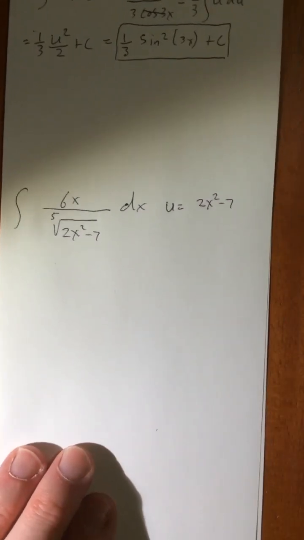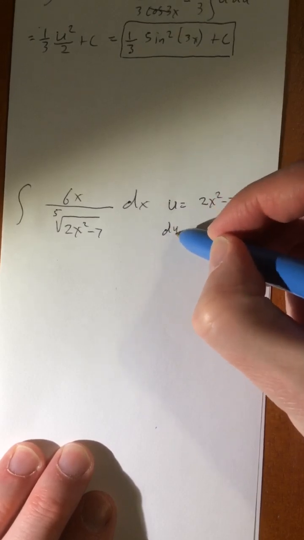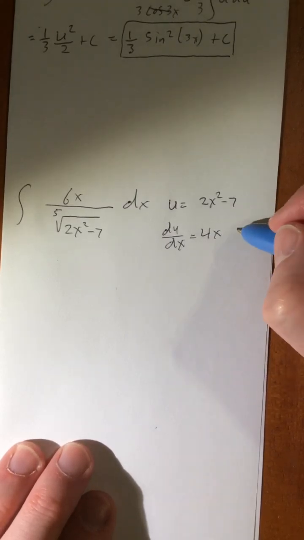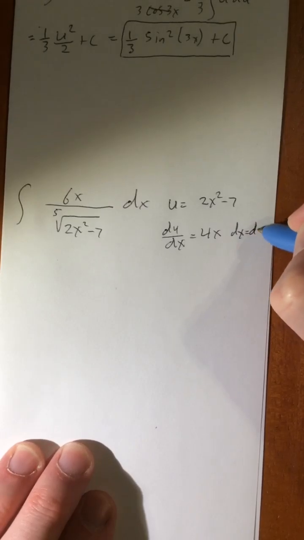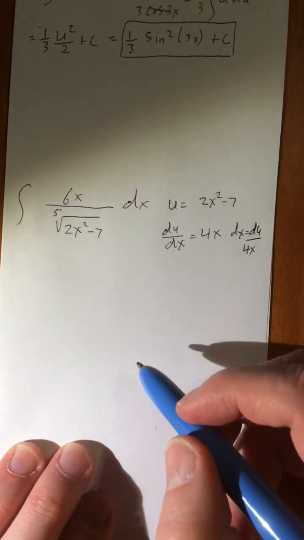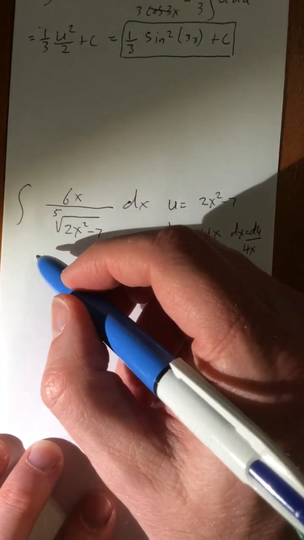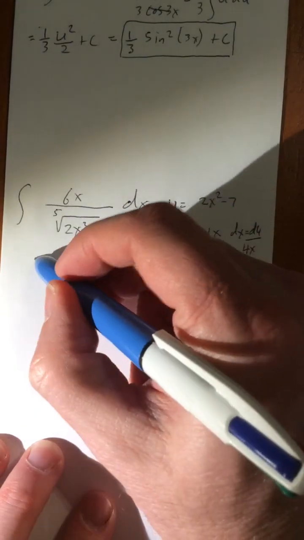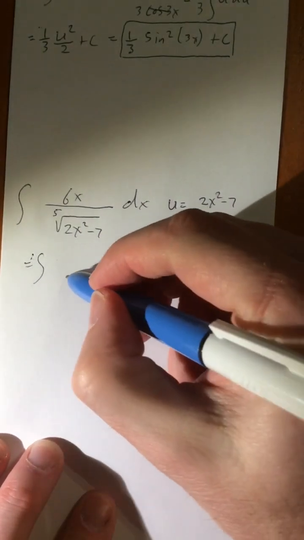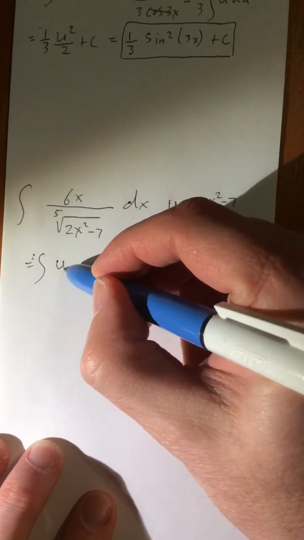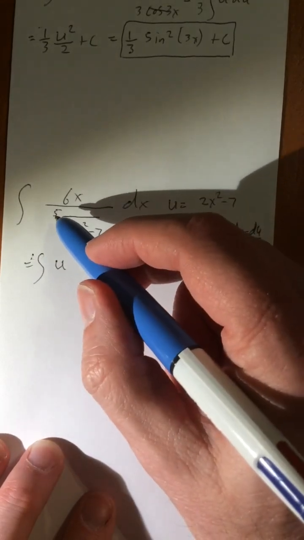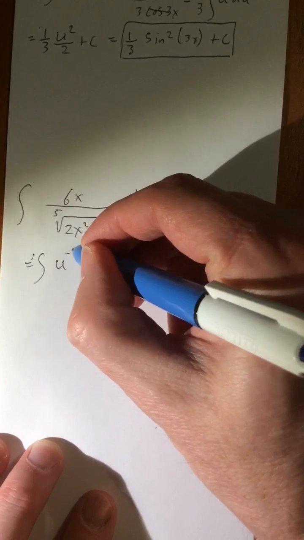And du dx equals 4x. And then we'll just flip that around, and dx is the same as du over 4x. And then we substitute all the stuff in there. So this is equal to the integral of u, that's 2x squared minus 7, to the negative 1/5, because it's to the 1/5 power, and it's on the bottom, so it's negative 1/5.